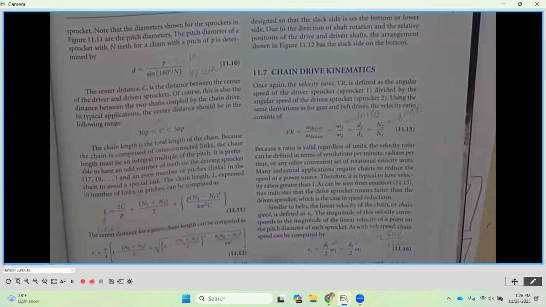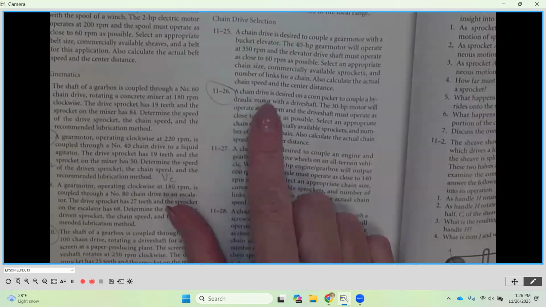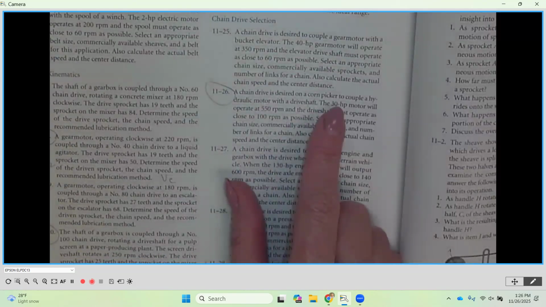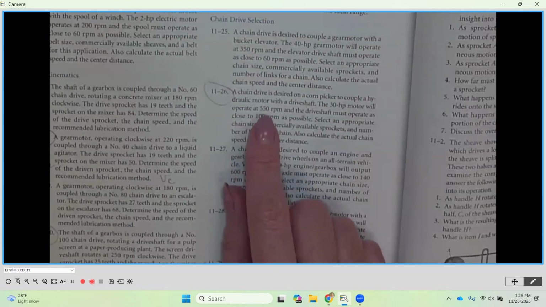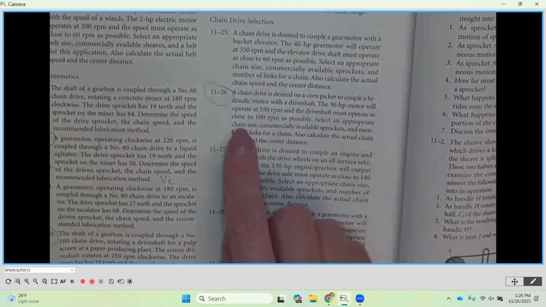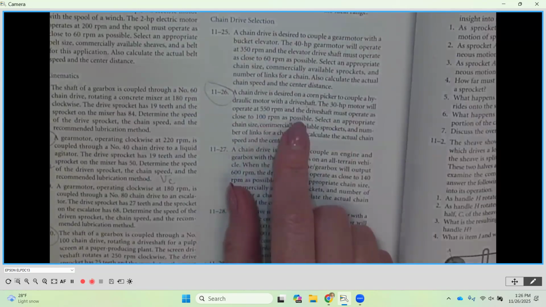Okay. And then the last problem that you have is actually just like example 3 that we just went through. It says a chain drive is desired for a corn picker to couple a hydraulic motor with a drive shaft. The 30 horsepower motor will operate at 550 RPM, and the drive shaft must operate at or close to 100 RPM.